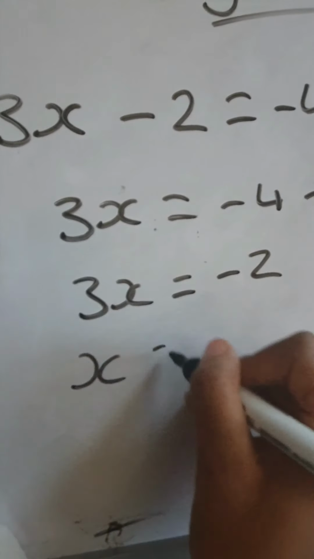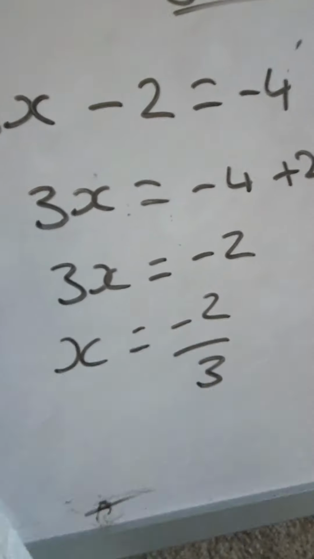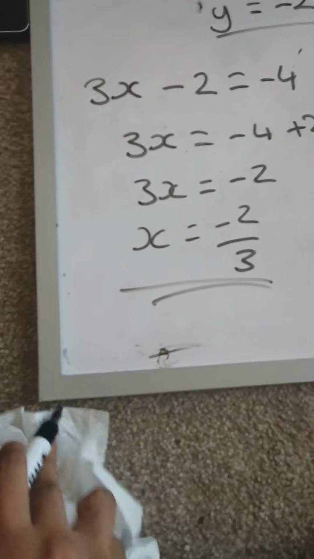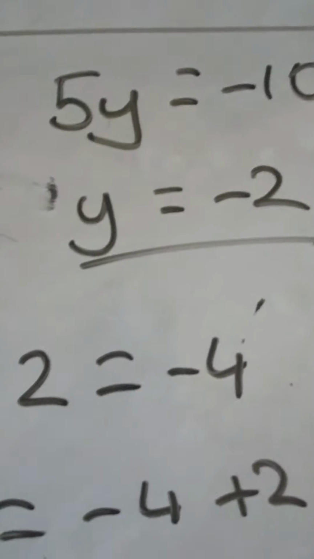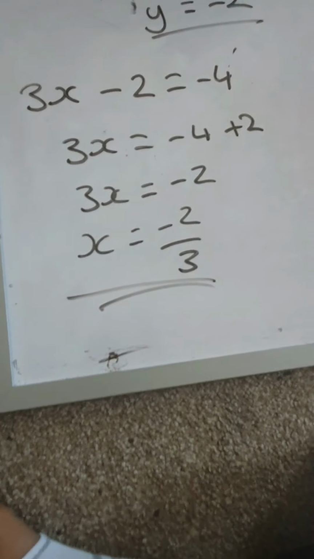Therefore, x equals minus 2 over 3. Again, it's just solving an equation. By the time we've got to the point where we've found the first one, we're just substituting it in and solving the equation.